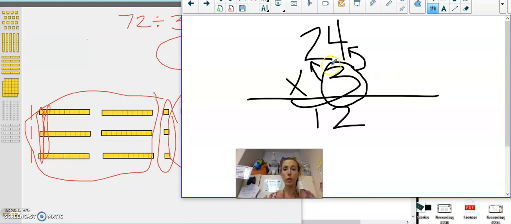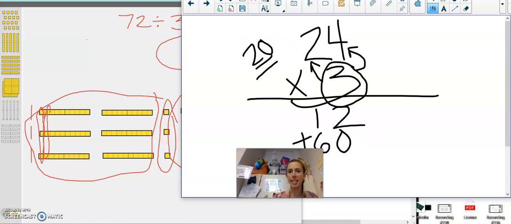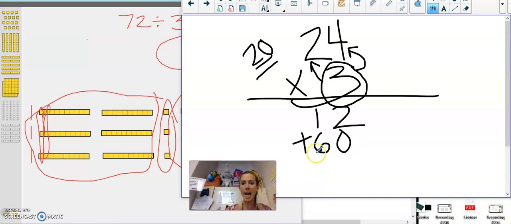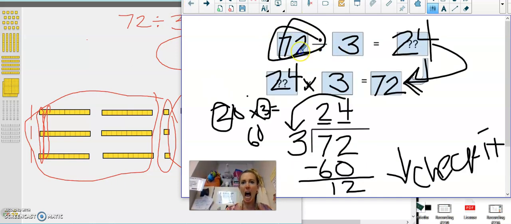Now that 2 is really a 20, because that's 2 tens. So what is 3 times 20? Well, 3 times 2 is 6, and then I put a 0 with it, so that's 60. And when I add that together, what do I get? Oh my gosh, 72. Is that good? Is that what we wanted? Yes, that's what we wanted.